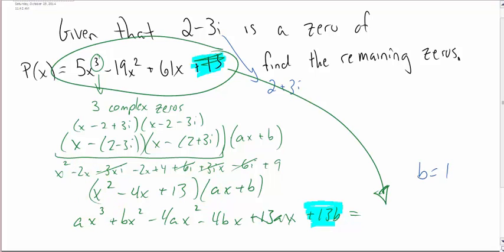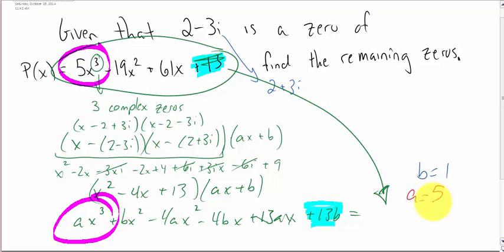Let's jump back before we check these other terms. Let's go to the cubes. What does a have to be by this reasoning? a should be 5. And now we can look at the other pairs of terms and see if we do get what we needed. Look at the squares. 1x squared minus 4 times 5x squared.